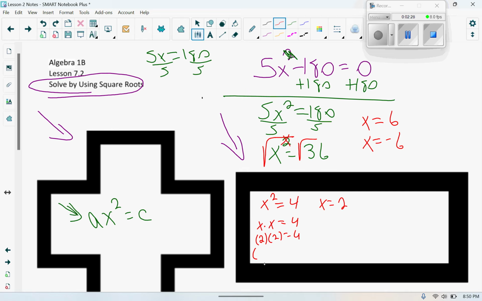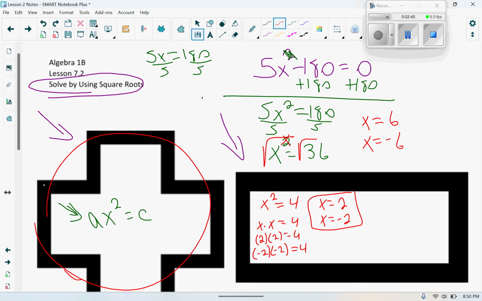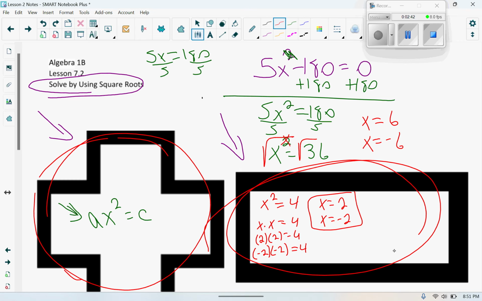But also, if I plugged in negative 2, wouldn't that work? Negative 2 times negative 2 is also a positive 4. So when you're solving equations using square roots, you always have to include the positive and the negative. This is a big deal. So our final answer here is positive 6 and negative 6.